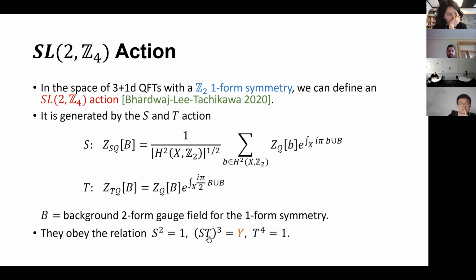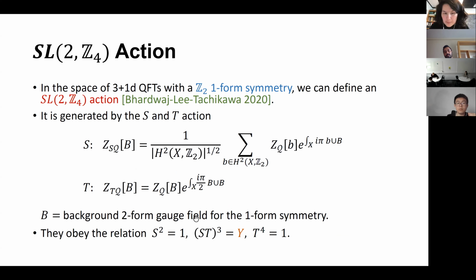Another relation is that when we do the ST operation 3 times, we also get back the original theory, but up to a phase. And that phase is given by an invertible field theory denoted by Y. The third relation is that if we do the T operation 4 times, we just get back to the original theory. This is the statement that the Z2 one-form SPTs are classified by a Z4 class. So if we stack 4 Z2 one-form SPTs, we just get a trivial SPT.